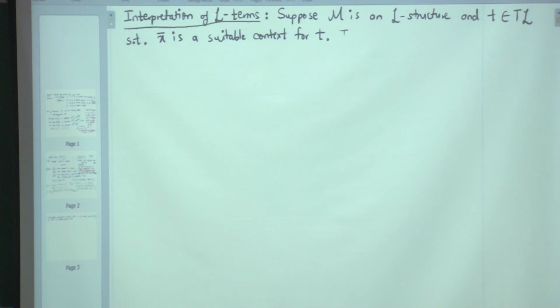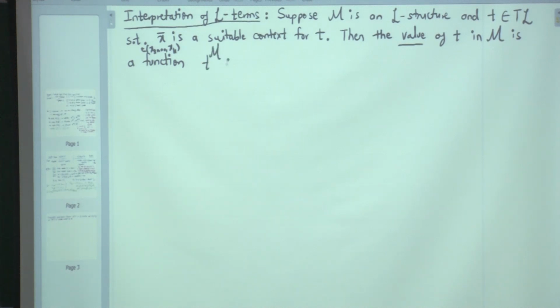Then the value of t in M is a function t^M from M to the power k to M, recursively defined as follows.